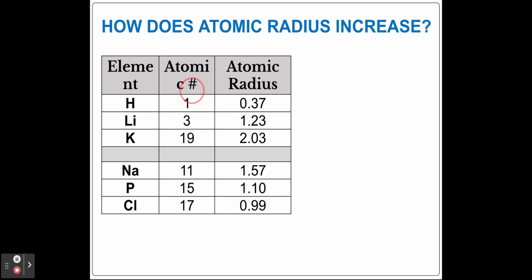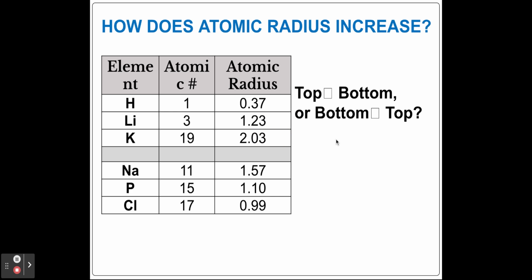Here are their atomic numbers: 1, 3, and 19 going down the group. And here are their atomic radii. The atomic radius of hydrogen is 0.37, lithium is 1.23, and potassium is 2.03.